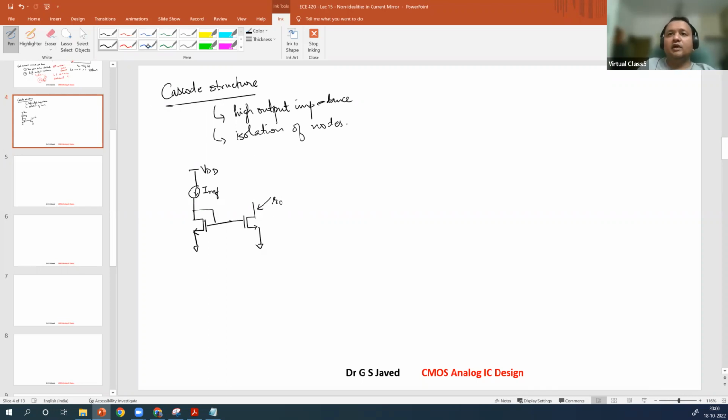Now, we know that by adding a cascode device with its own bias VB, this is M3, the output impedance at the drain of M3 becomes gm3 ro3 ro2. Right? Now this has improved the gain.